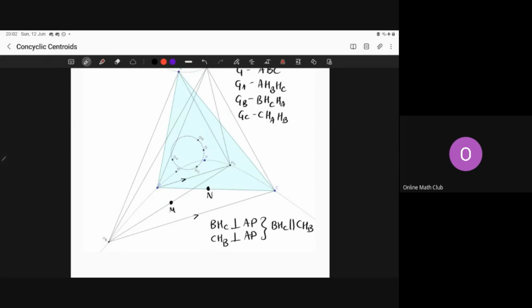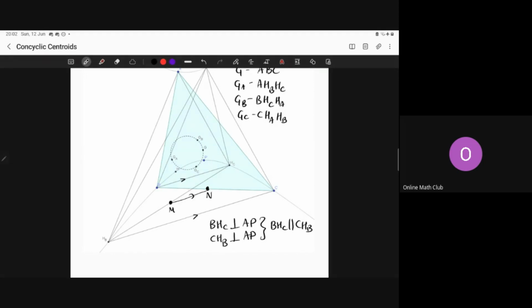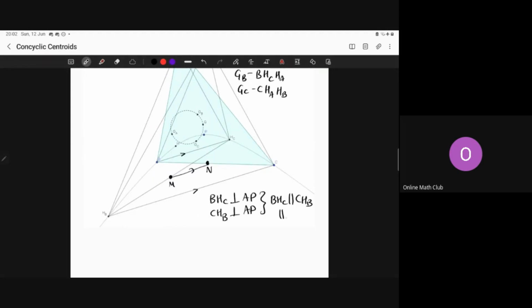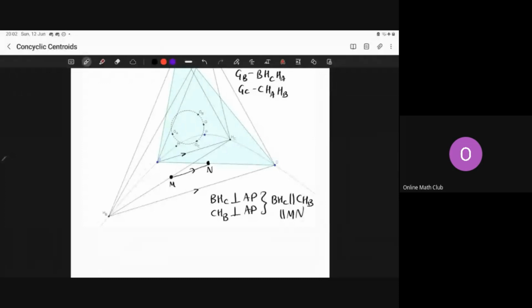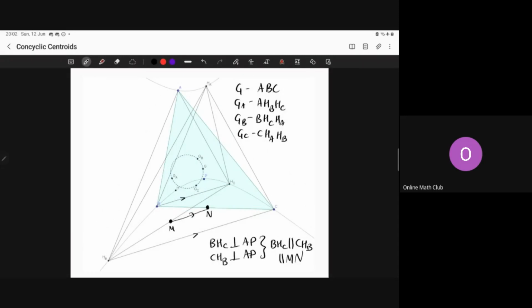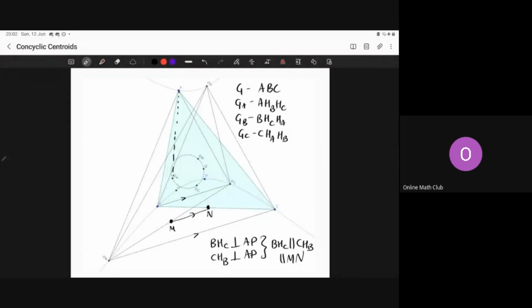If these two lines are parallel, these four points form a trapezoid, and so the midpoints of the diagonals of this trapezoid will also form a line which is parallel to them. So that basically means parallel to MN. Now the nice thing is here A, G_A and M are collinear, and the ratio is 2/3.